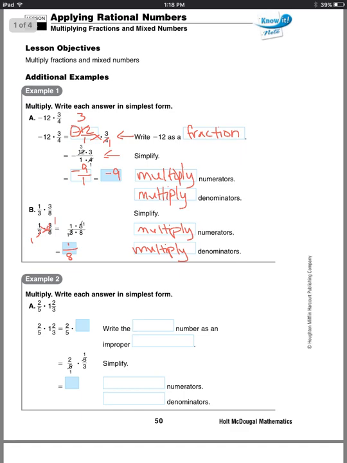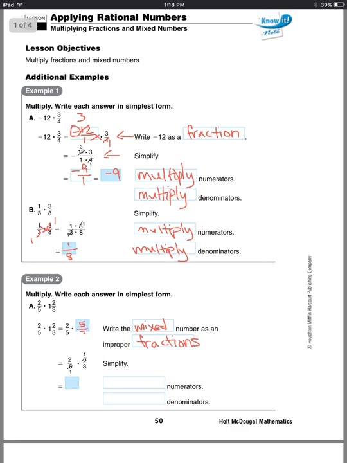Okay, example 2. Now we're going to multiply and write each answer in simplest form, just like we did before. This time, however, we have a mixed number. So we are going to write the mixed numbers as improper fractions. Okay, so we have 1 times 3, which is 3, plus 2 is 5.